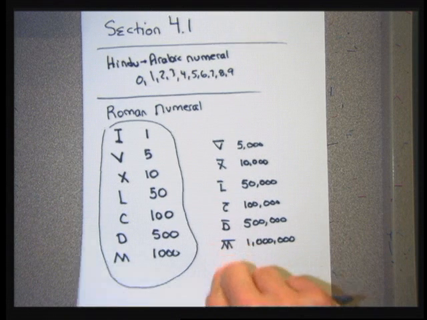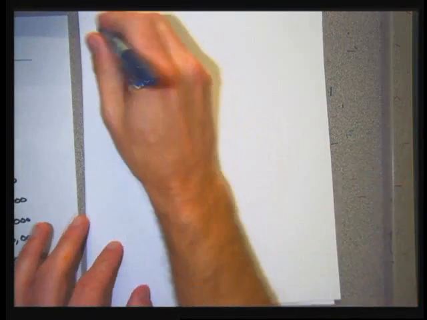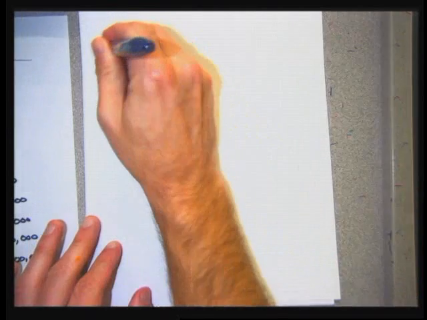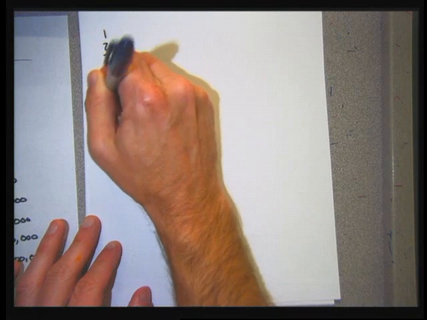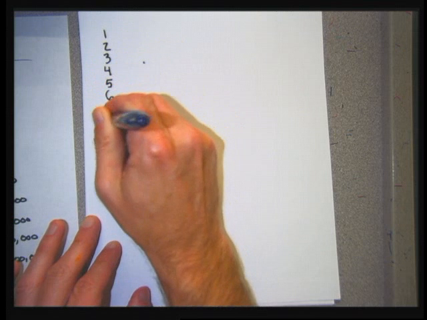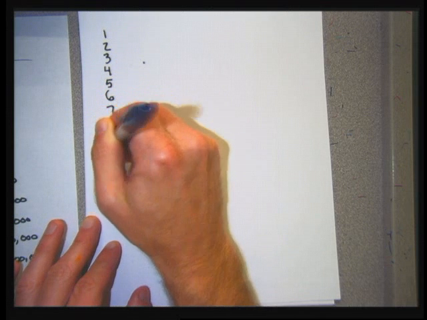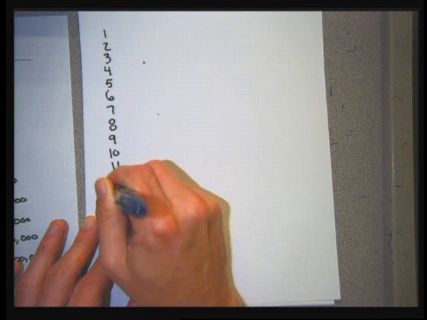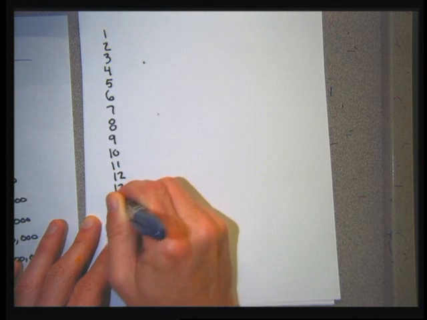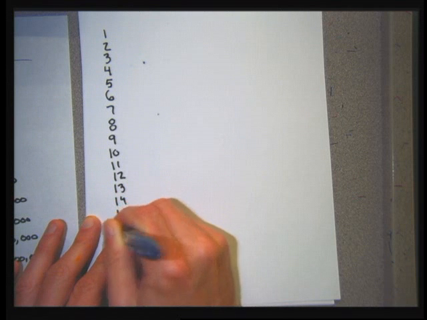Again, I'm lecturing without my notes in front of me because I don't know that the notes are really needed for this section. So I'm going to try to show you how to write Roman numerals for a bunch of numbers, just so you can kind of get into a groove here of understanding them.